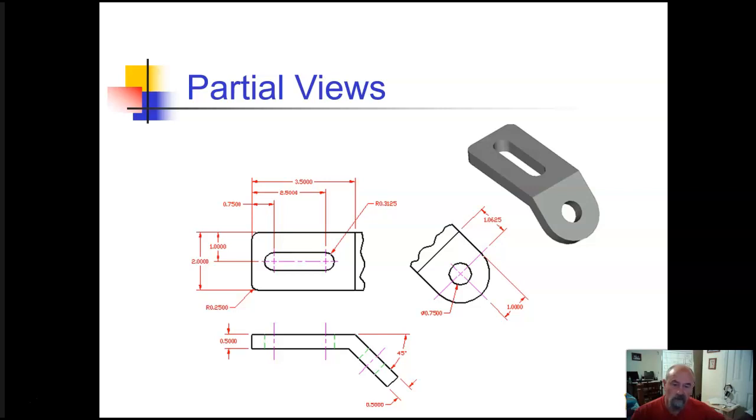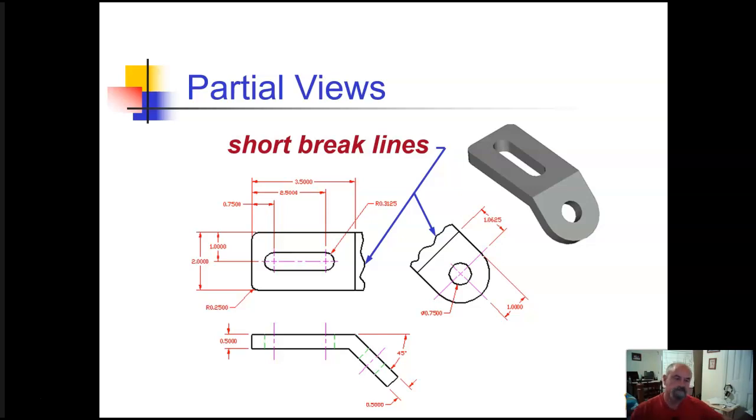But in the top view and from the side view, both of those views are going to have a distorted view of the round hole. So creating a partial view rather than drawing the whole elaborate item on here, we just need the part to locate the center of that hole in the view. And here we see pointed out the short break lines.